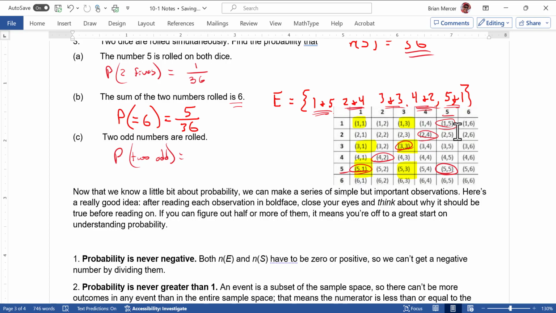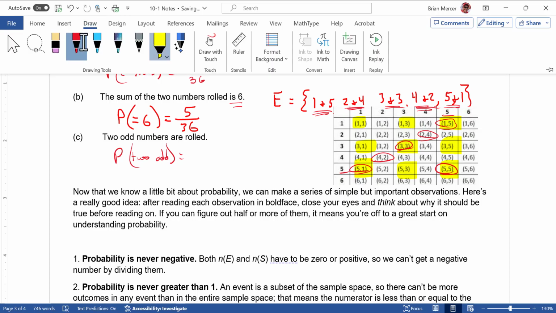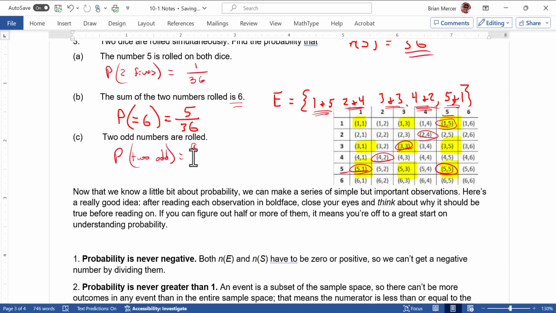So none of those. 1 5, 3 5, 5 5, and so 1 2 3 4 5 6 7 8 9. So there are 9 out of 36 ways of getting 2 odds, and that one you need to reduce to 1 out of 4. So there's a good example there for dice.